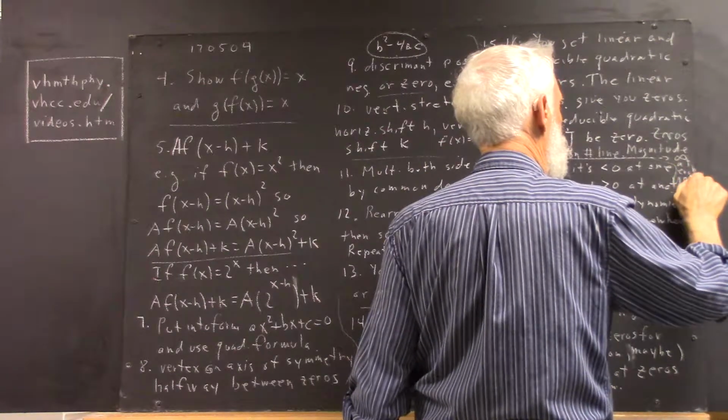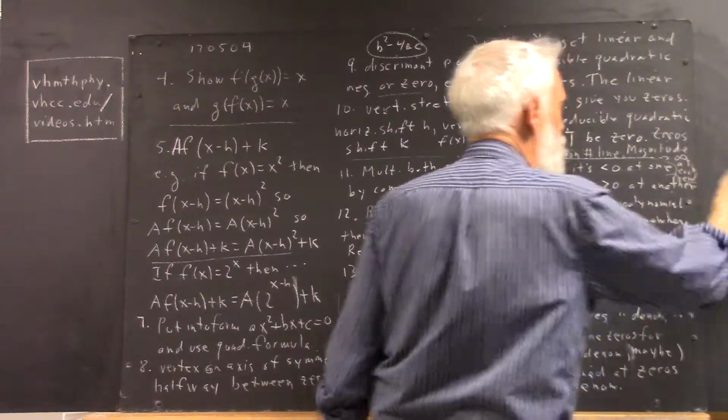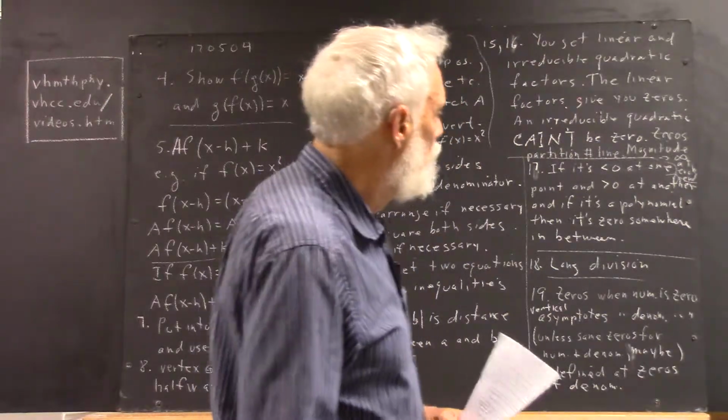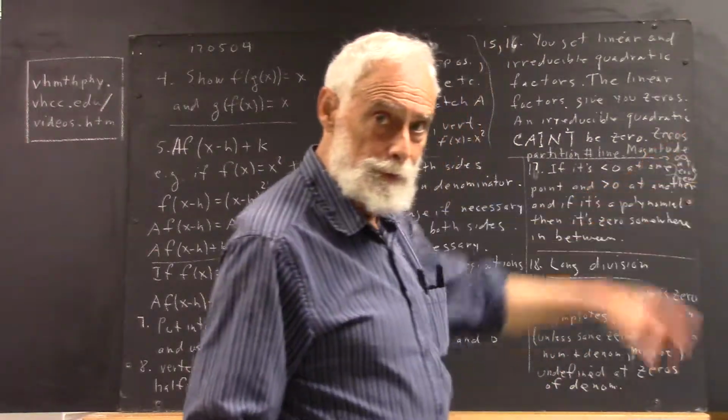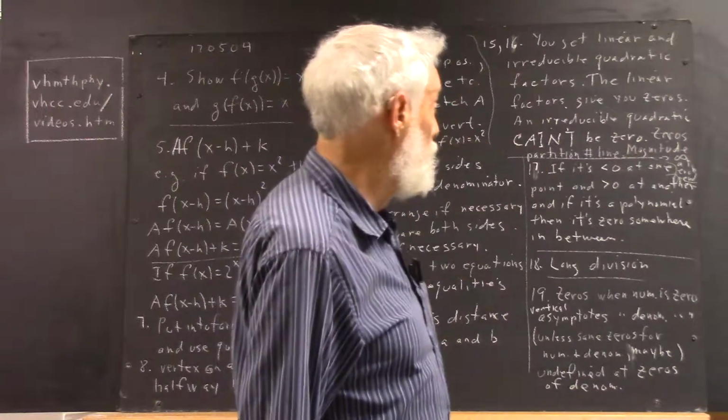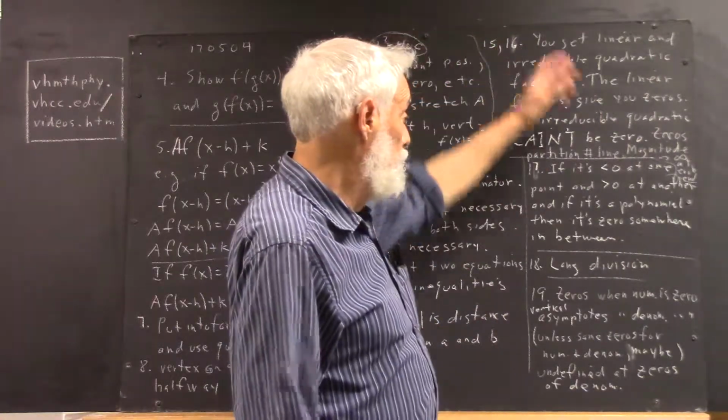You're not going to be able to read this. Maybe you will. At each end. Okay? I'll kind of put that down as a reminder to make sure I mention that, because I should have mentioned that with number 15. Now this covers number 15 and number 16.